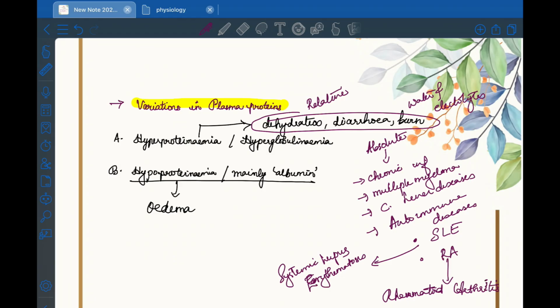Okay, and hypoproteinemia, that is mainly hypoalbuminemia, can lead to edema. There is decreased synthesis because of various reasons like chronic liver disease, but here it means cirrhosis because of alcoholism or some other factors, and also protein malnutrition.